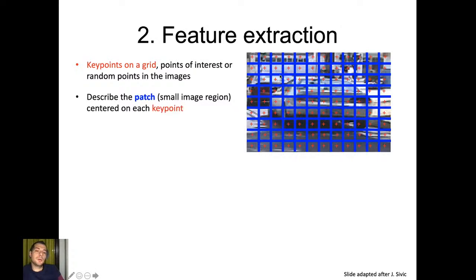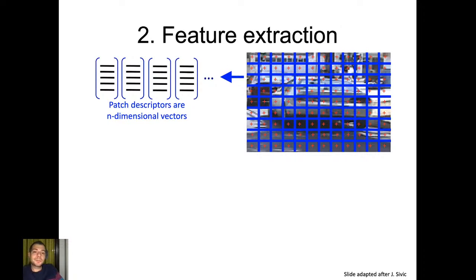We can use image gradients and edge detectors and select key points on the edges in order to minimize the number of descriptors that are extracted from each image.